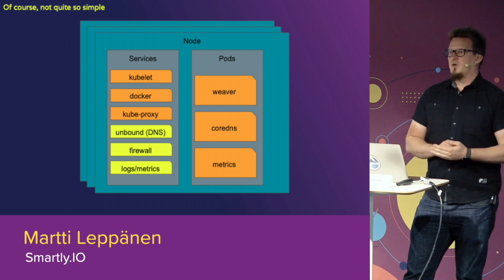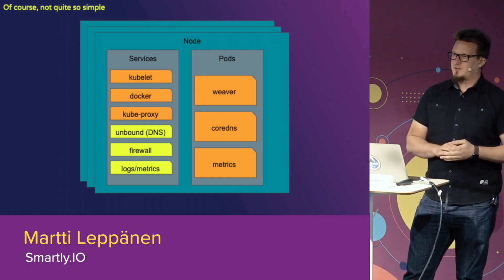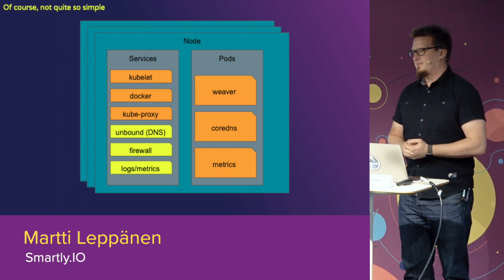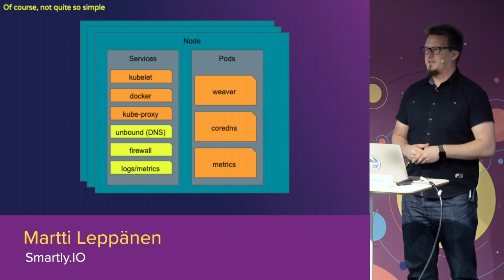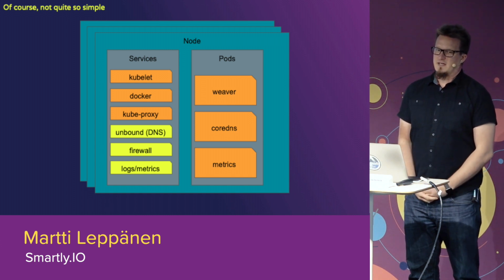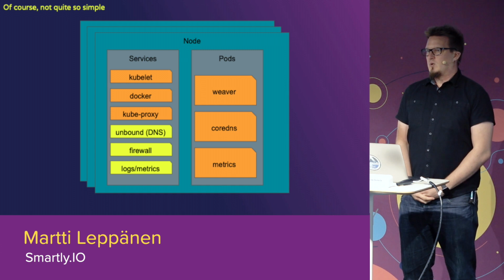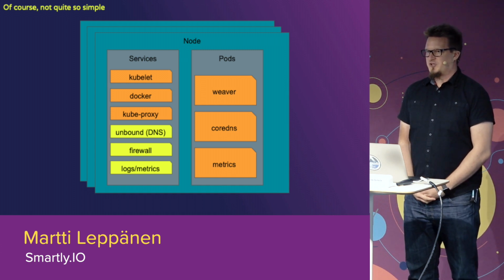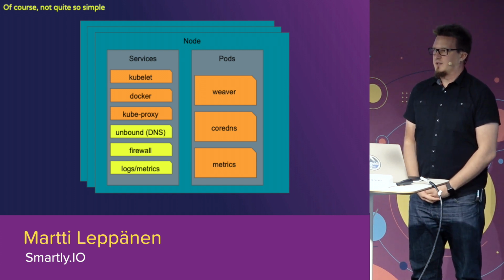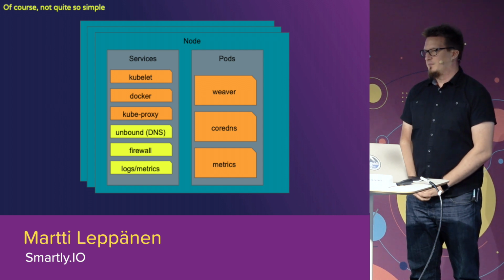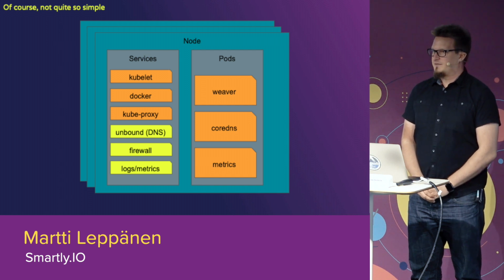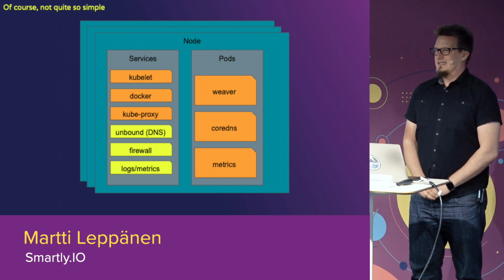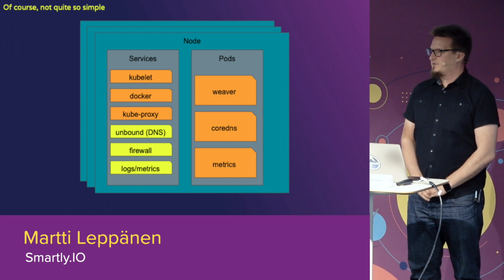Then you need the core DNS, which I talked about earlier. So Kubernetes relies on the ability to have DNS names resolved within the cluster. You have to have a DNS server that is able to know which pod and which IP has which name, to be able to communicate between different pods and different services within Kubernetes. But core DNS in itself is not recommended to scale to every single node that you run.